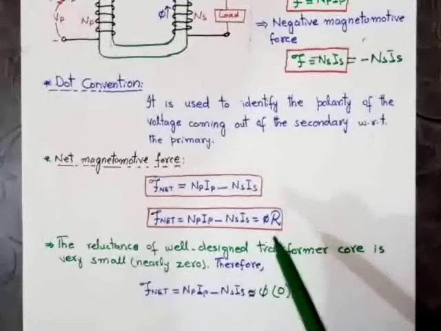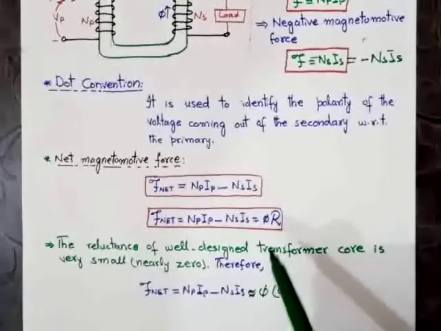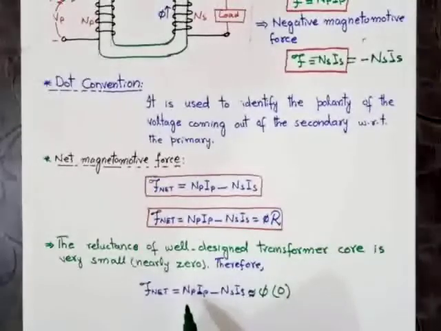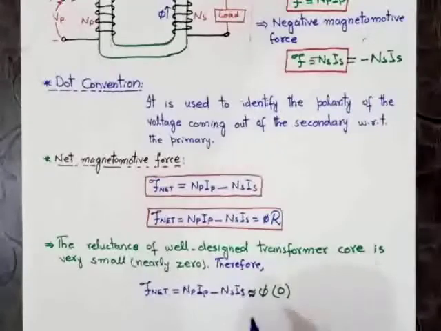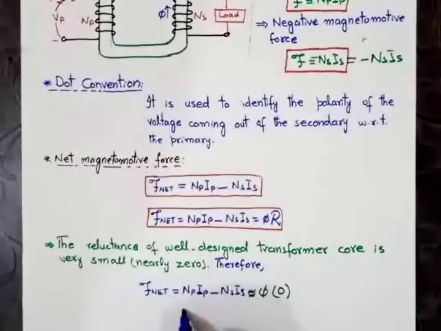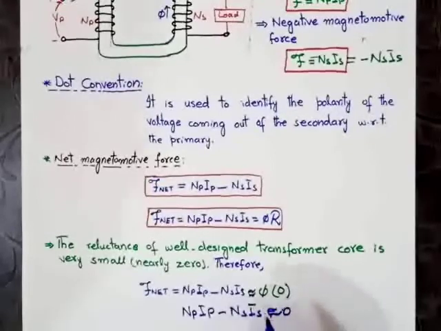When the reluctance is zero, the overall equation becomes NP IP minus NS IS approximately equal to flux into zero. After multiplication by zero, NP IP minus NS IS is approximately equal to 0.